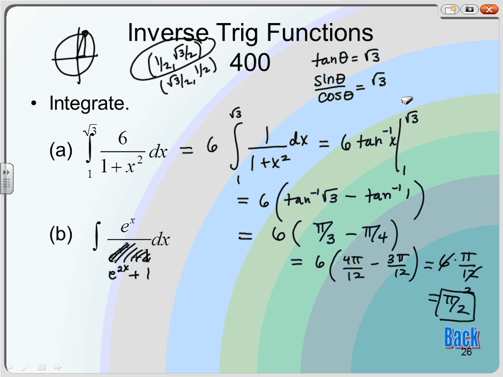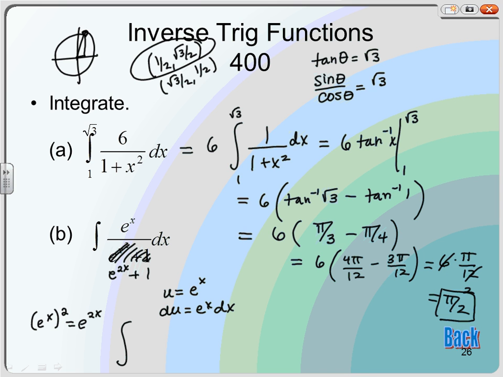Okay, so e to the 2x, what that is is e to the x squared. See how if you would multiply in, you get e to the 2x. So that's our u. So we're going to let u equal e to the x. So then du is going to be e to the x dx.